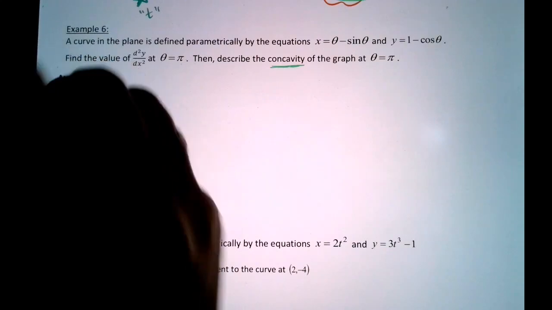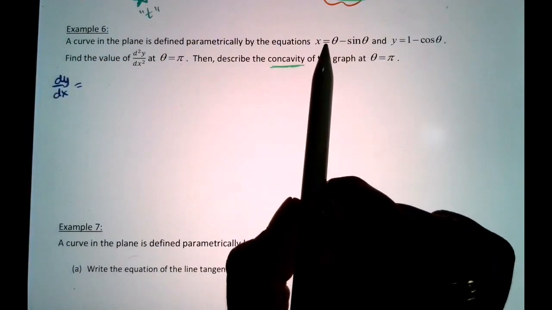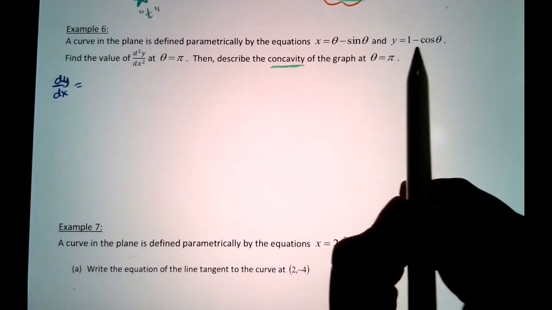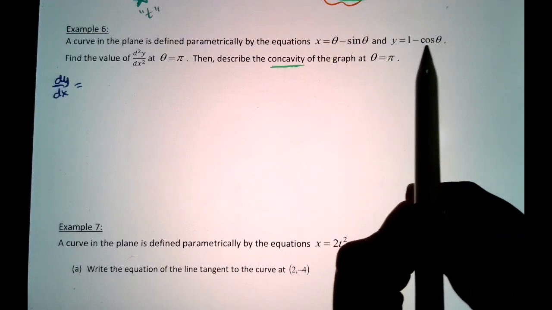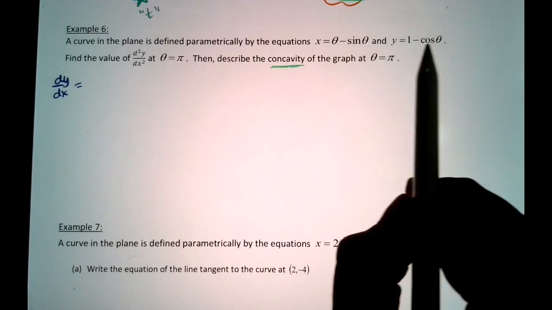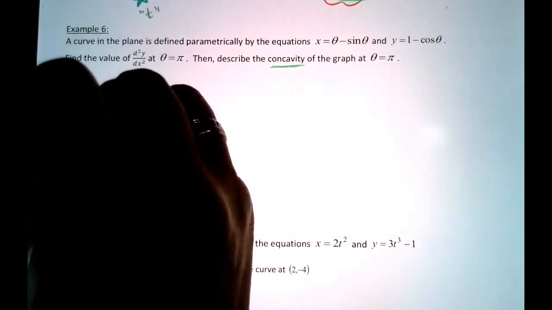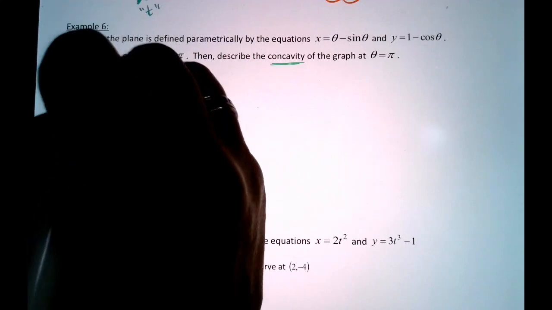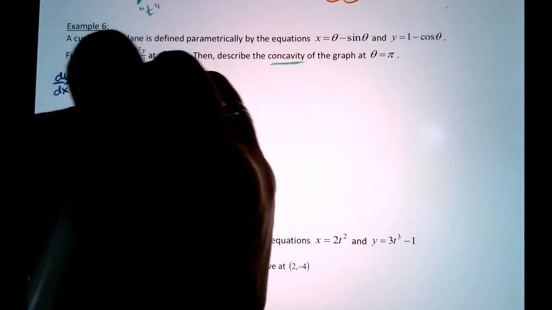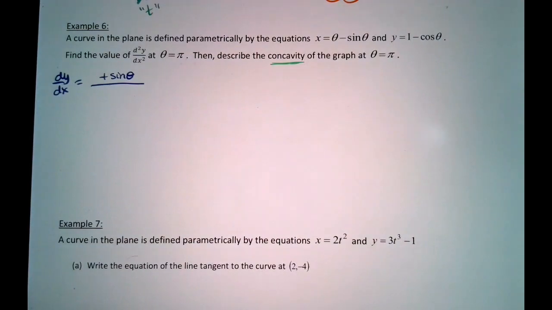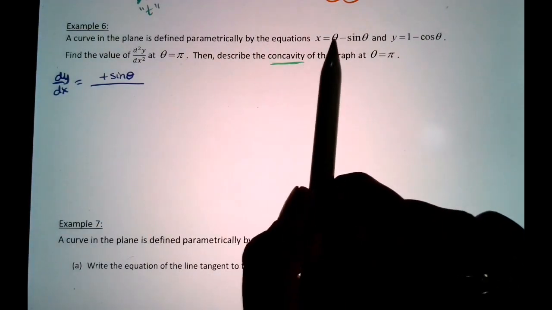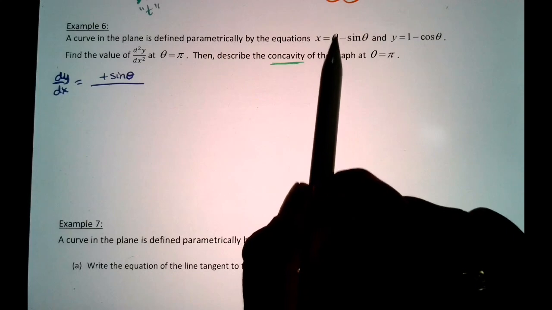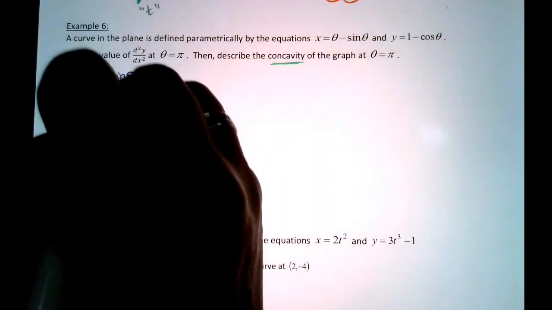Now, our parameter is theta. Notice, again, they define the x equation first and the y equation separately. But when I do dy dx, I want the derivative of y in the numerator. So the derivative of 1 minus cosine is positive sine. And the derivative of x in terms of theta would be 1 minus cosine.